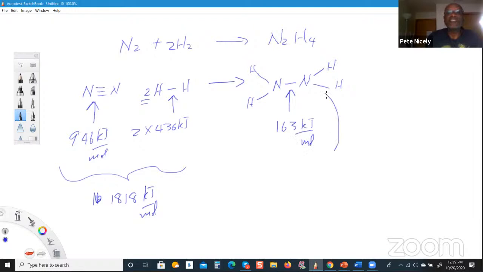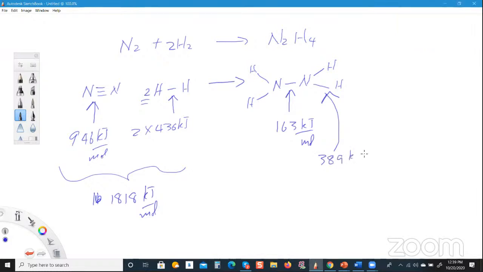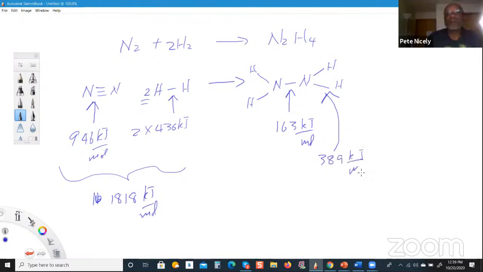And for each nitrogen to hydrogen bond, the bond dissociation energy is 389 kilojoules per mole, all right? Okay, but there are 4 of them. We have 1 here, 1 here, 1 here, 1 here. So we have to multiply that by 4, okay?